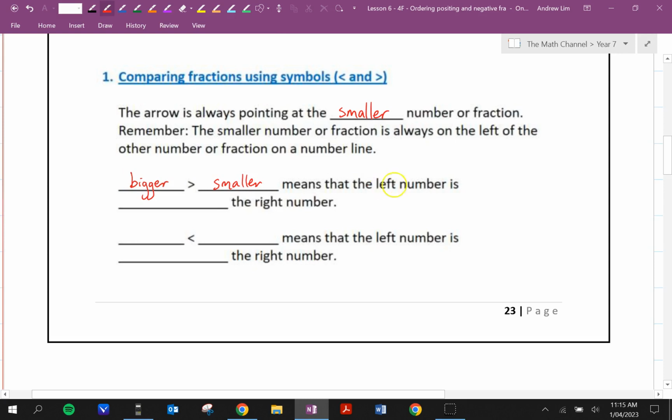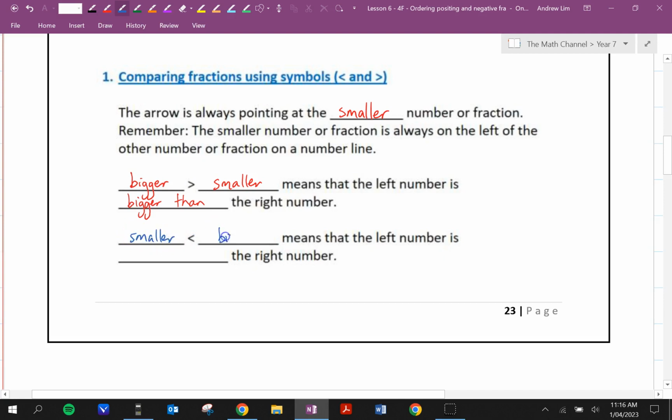That means that the left number is bigger than the right number, or greater than. Because this is the left number, this is the right. Left of the arrow, right of the arrow. Since the arrow is pointing at the smaller one, I'm going to write smaller here.